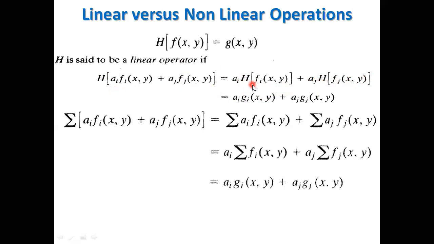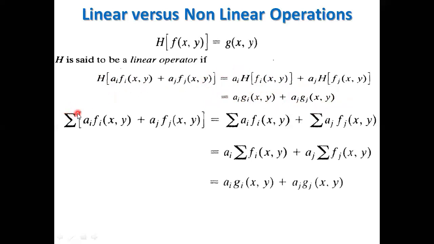Applying the operation on fi of x comma y gives gi of x comma y, so it becomes ai gi of x comma y plus aj gj of x comma y. In this way, if you apply the linear operator, this is the resultant image.